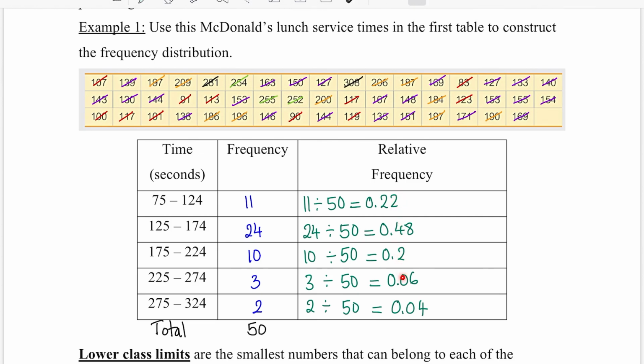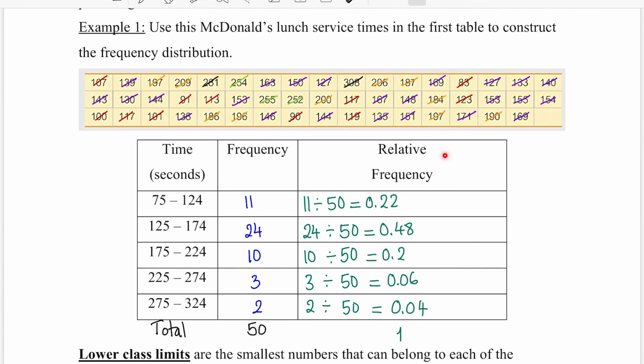If I add all of these numbers up, I will have exactly 1. If you've been rounding off these numbers, your total might be a little more or a little less than 1, depending on how you round.